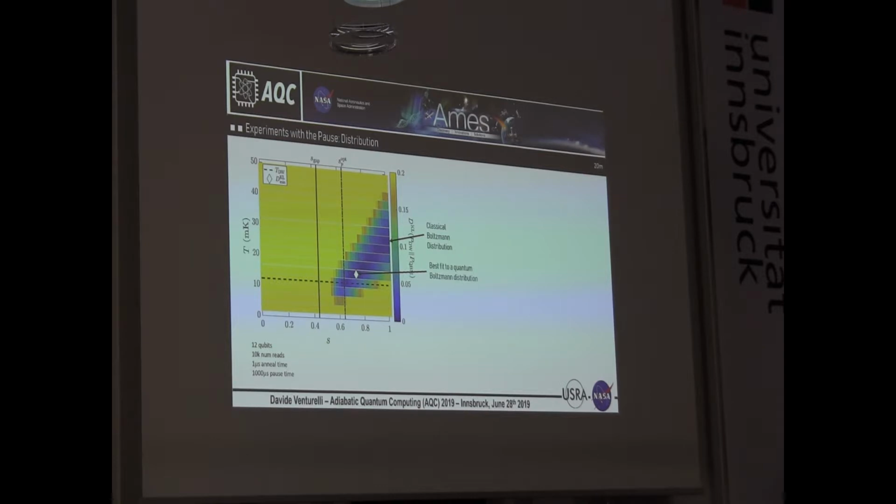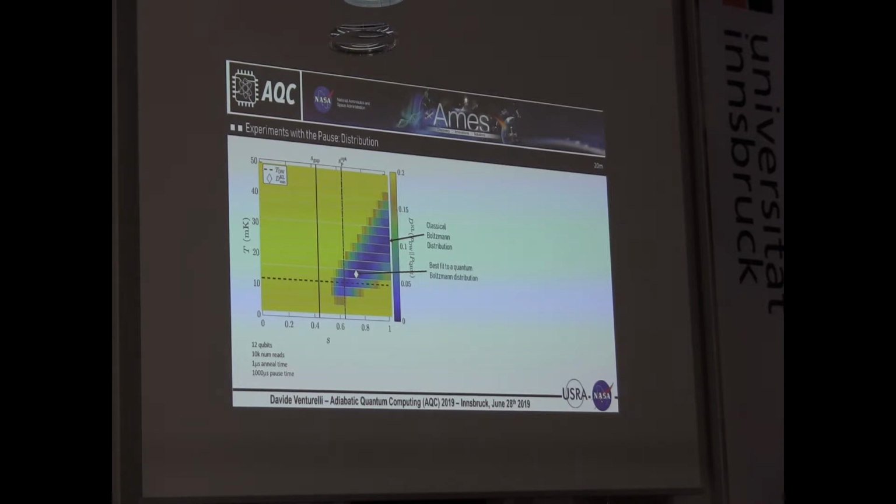Another interesting result is looking at the statistics of the output of the D-Wave machine. What we see here is that if we look at the distribution that we obtain when we pause at the best pause location that we find, then it is fitting rather well. This is a KL divergence color code plot.